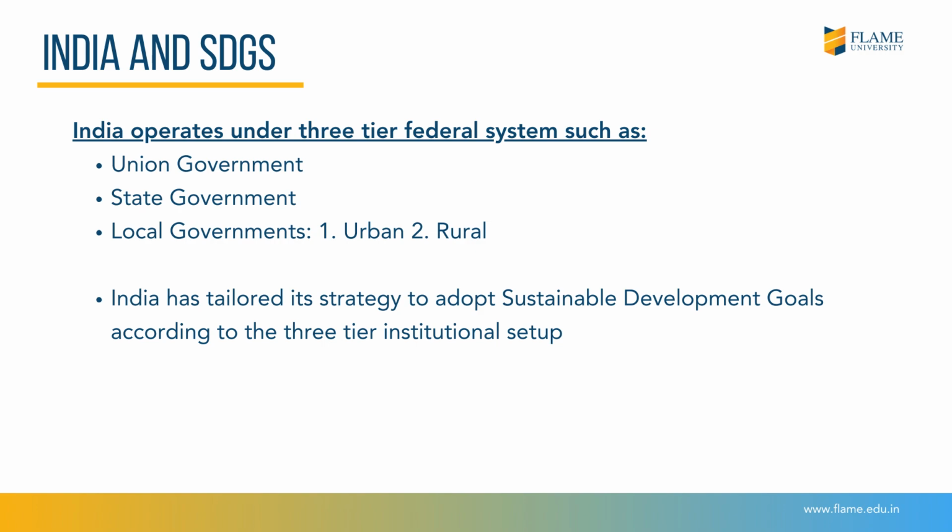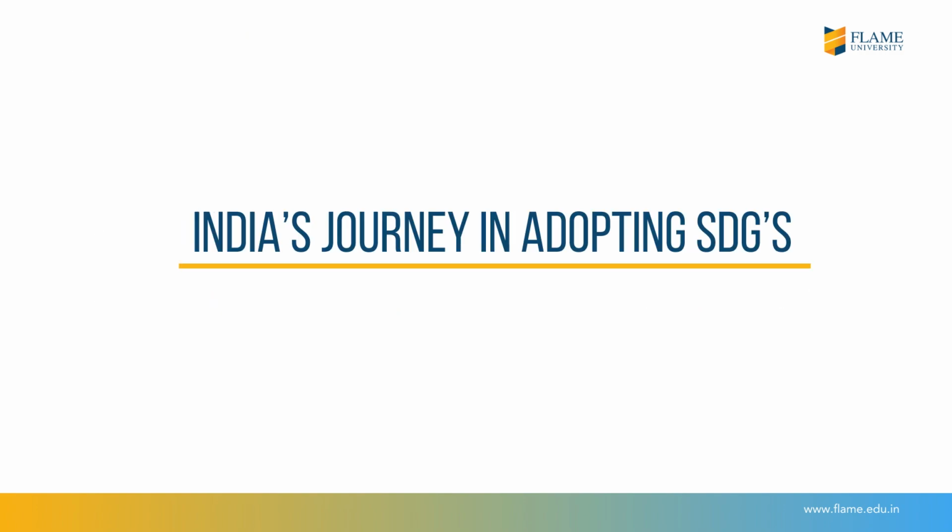Hence, to integrate SDGs into these systems, our country has undertaken chronological efforts to trickle down SDG initiatives to the grassroots level. Let's have a look at India's journey so far in adopting these SDGs.